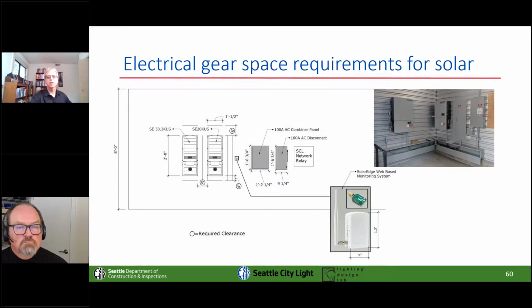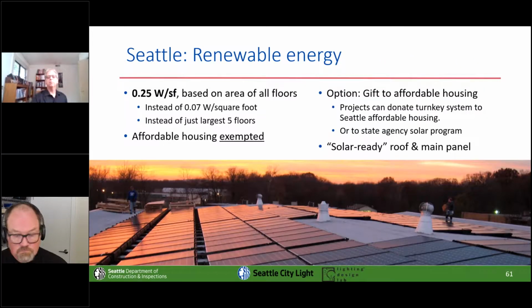You need a certain amount of clearance, and part of that is electric code requirements to make sure that you've got space in there. So don't go chintzy on the additional wall space that is needed for that solar gear. Like I said, we've got to have a quarter of a watt per square foot here. We did make one wrinkle: affordable housing projects do not have to provide this.